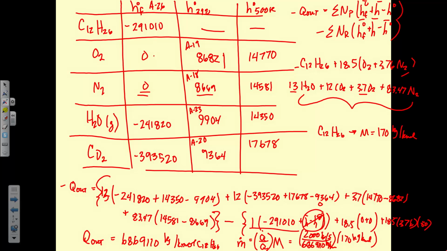So we find our mass flow rate is 0.0495 kilograms per second. Okay, you use this molar mass for our fuel because that's the flow rate that we want to know.